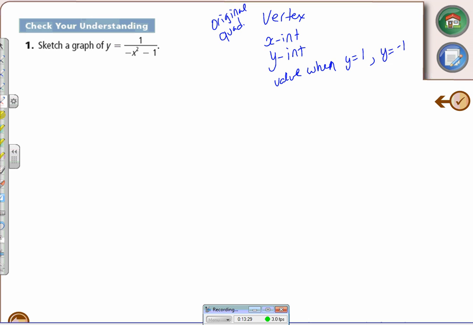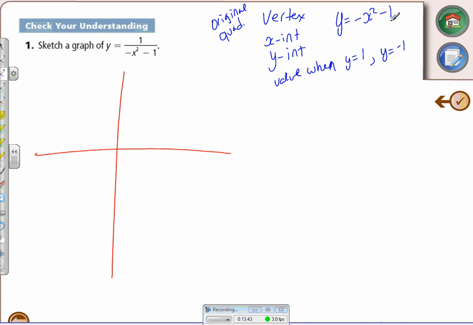All right, so let's start by getting the original quadratic on there. We'll deal with y equals negative x squared minus 1. The vertex of this one is going to be at 0, comma, negative 1. All right, let's put that on there. 0 and negative 1.